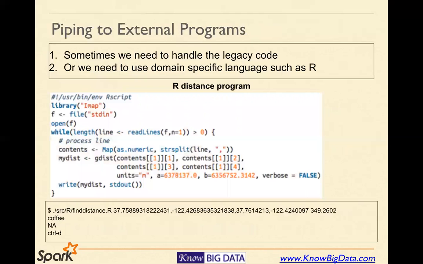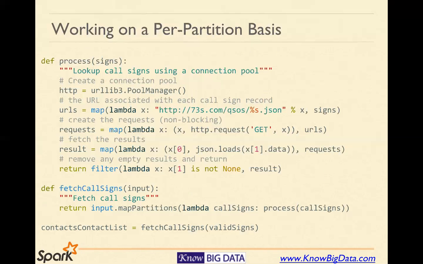Here what you see is we are creating a connection manager on every partition, right? Let's say you want to share a certain variable across all the functions inside a partition.